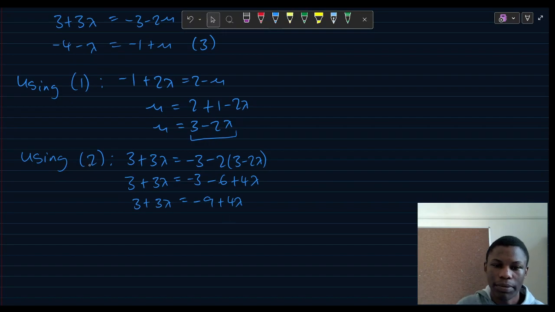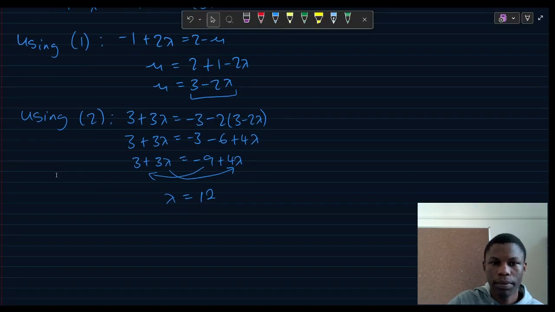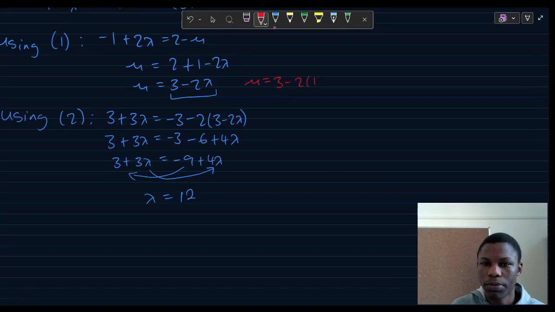And if we make lambda subject of the formula, move that there, move that there, we've got lambda is equal to 3 plus 9, which is 12. Okay. And if we go back to equation 1, mu is 3 minus 2 lambda, so mu is 3 minus 2 times 12, and so mu has to be 3 minus 24, so minus 21.